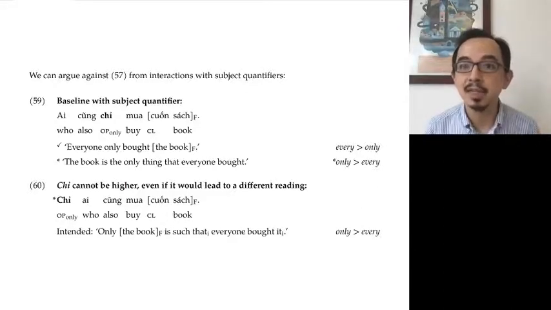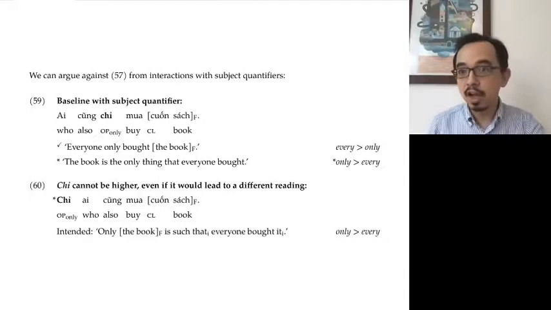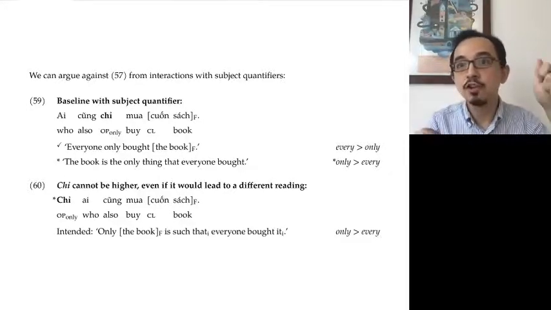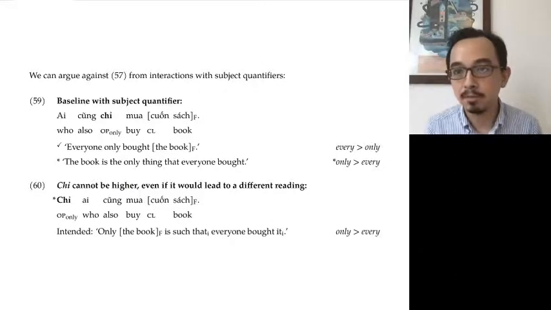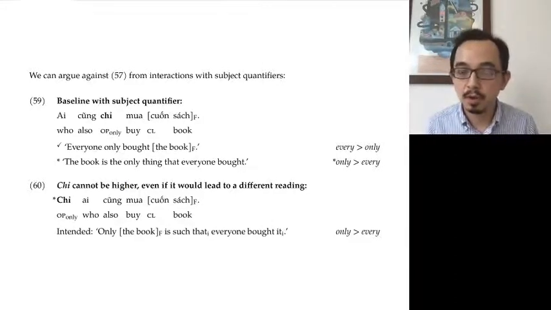That is example 60, and it's ungrammatical. It predicts that the semantics should be fine. It can associate with the object across a quantifier, and it should mean a different meaning: only the book is such that everyone bought it. And yet, it's simply ungrammatical in Vietnamese.